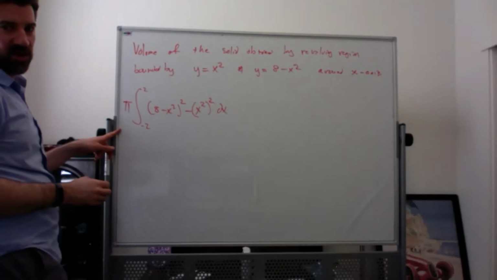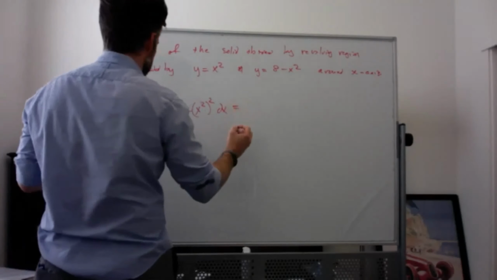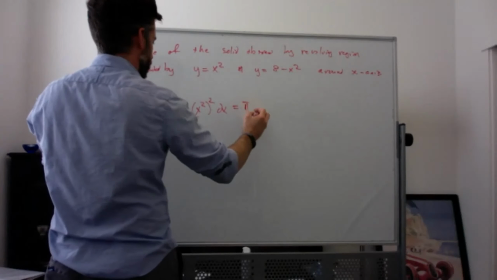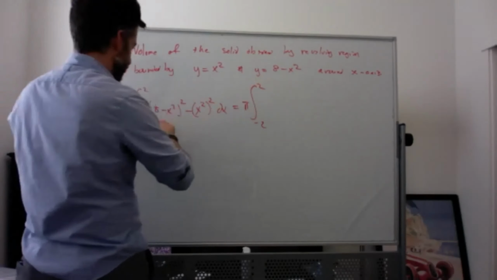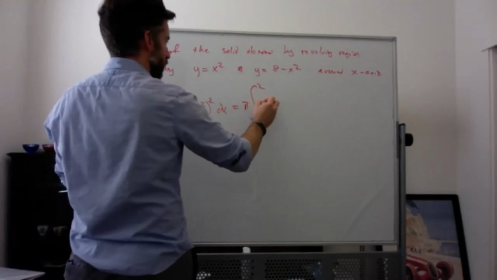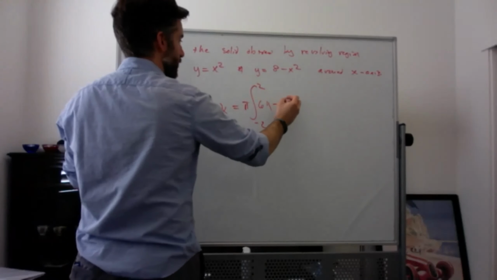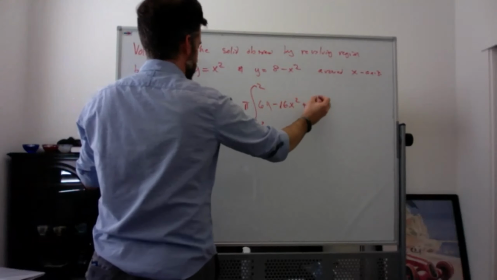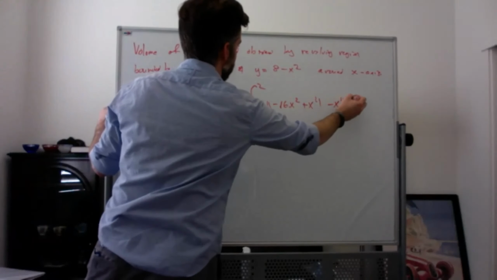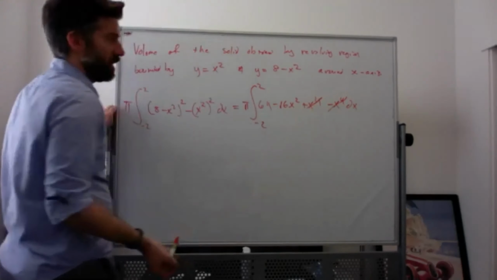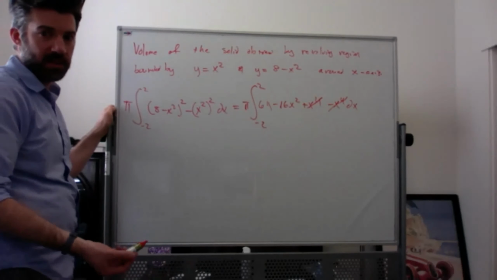It's easy to accidentally drop the pi, so make sure you don't. Multiplying this out, 8 minus x squared, squared, is 64 minus 16x squared plus x to the 4th, minus x to the 4th. That's convenient. Those cancel. That works out nicely.